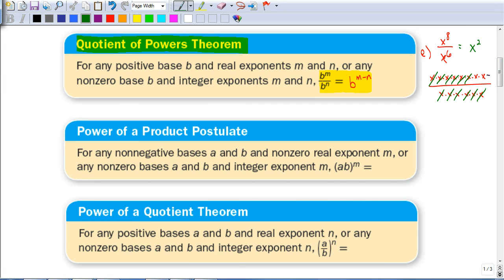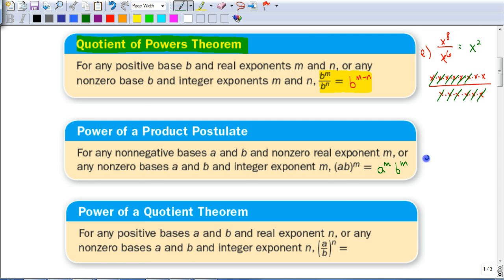Let's talk about this now. The power of a product postulate means that, let's say I have some things multiplied inside of parentheses and an exponent outside the parentheses. This exponent we would distribute, so it would get applied to both the a and the b.